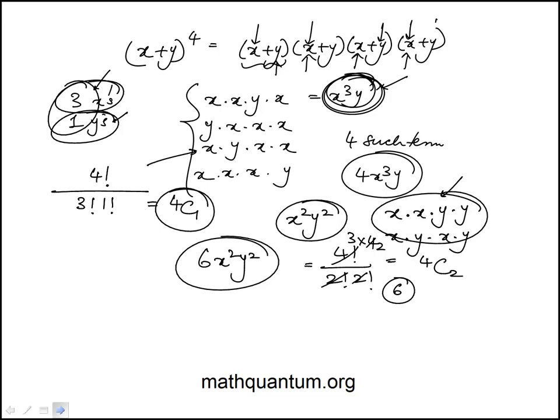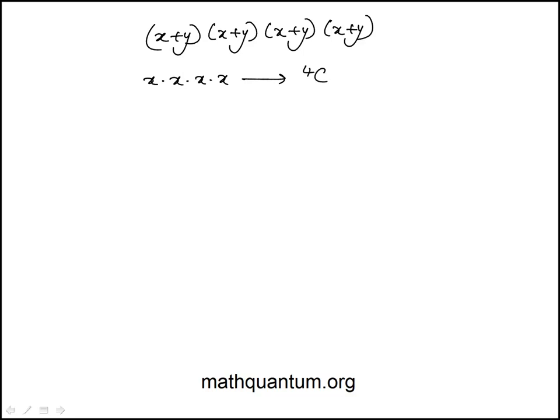So that's kind of where all these coefficients are coming from. So what I'm going to do is to list all of these out for this particular one, x plus y multiplied 4 times. If we want to get 4 x's, this would be 4C0, because we're just arranging 4 x's. There's no y. So this is 1.